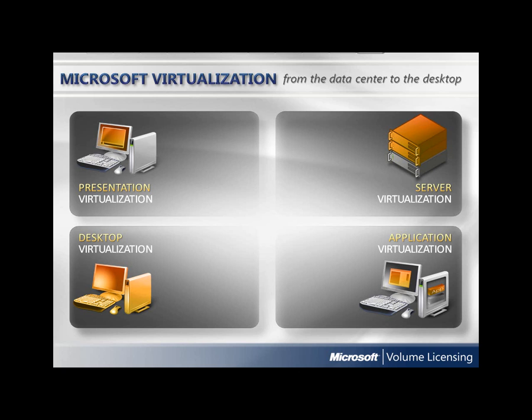There's desktop virtualization, which gives IT administrators an easy and centralized way to manage their employees' computers. And finally, there's presentation virtualization, which gives high levels of IT control and security when delivering both desktops and applications to users. You may choose to deploy some or all of these virtualization solutions in your organization.